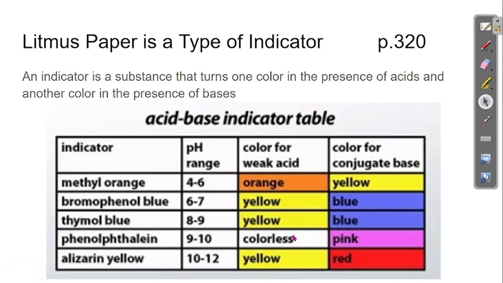Thymol blue, it's yellow in the presence of an acid, but blue in the presence of a base. Do you need to know the colors they turn? No. Do you need to know all the names of different indicators? No, those are just examples. But you do need to know the definition of what an indicator is. It indicates the presence of an acid or a base by changing colors.